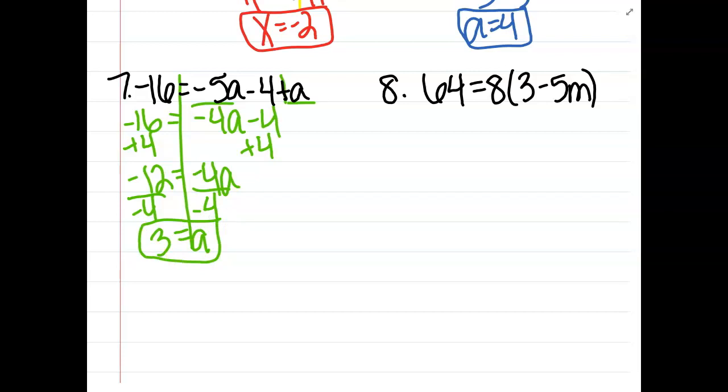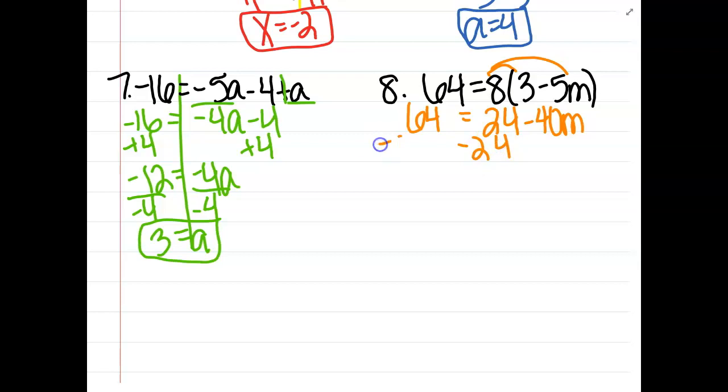Okay, and number 8, what's the first thing we should do? Distribute. So we would have 24, and 8 times a minus 5m would be a minus 40m, equals 64. Is there anything to combine? No. So the first thing I need to get rid of is the 24. How do you get rid of the 24?